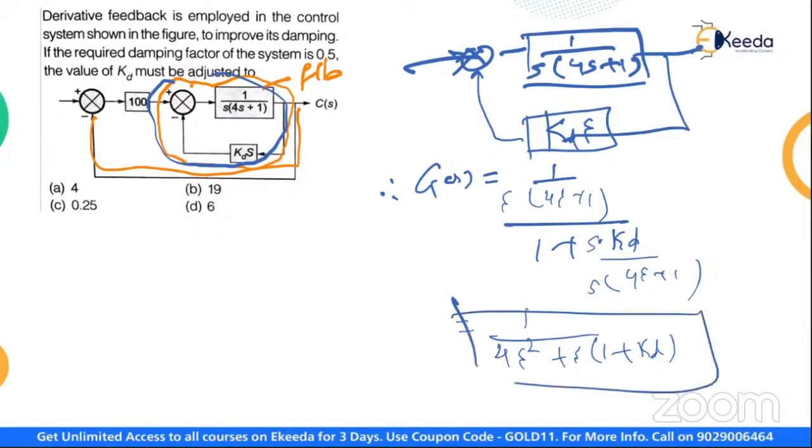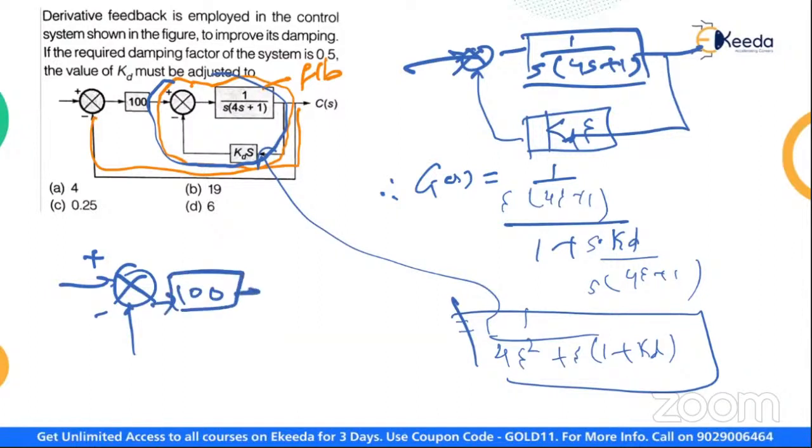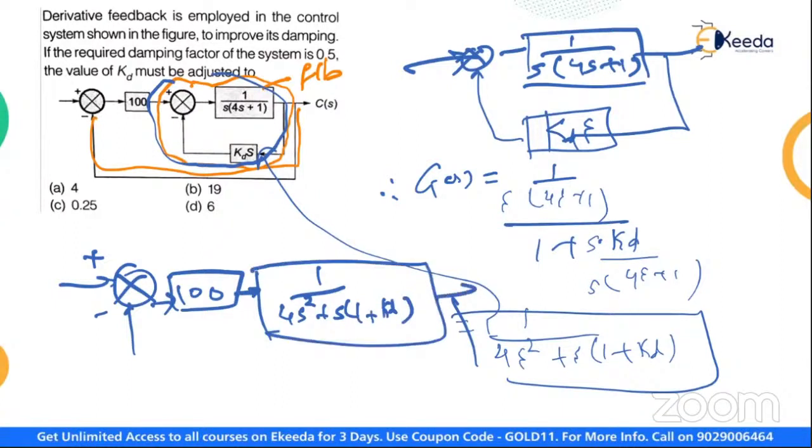Now, this whole block I will replace in place of here. So basically, I will be having a block like this. 100 is there already, and after that I will be having this 1 upon 4s squared plus s into 1 plus KD. Now you want to find the transfer function, so simplify the above block diagram.